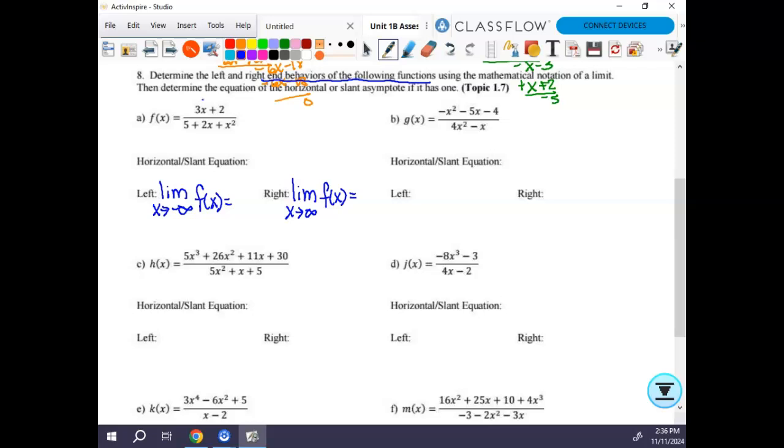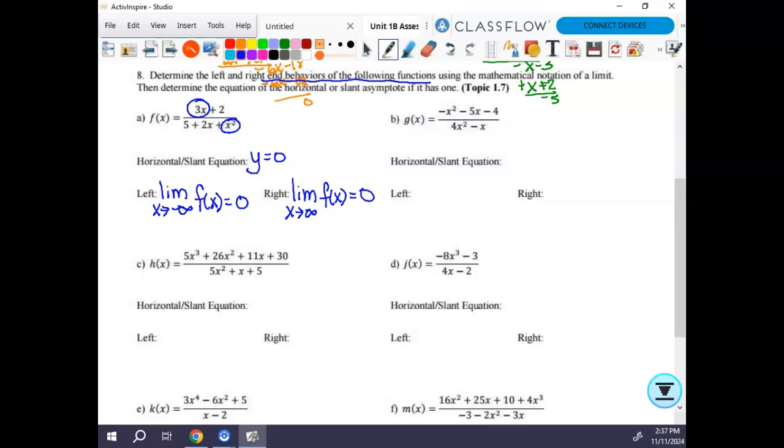And so this is my leading term in the numerator. This is my leading term in the denominator, which makes it bottom heavy. And when my function is bottom heavy, I have an asymptote, which is at y equals 0, which means the limit is 0 for each side there.